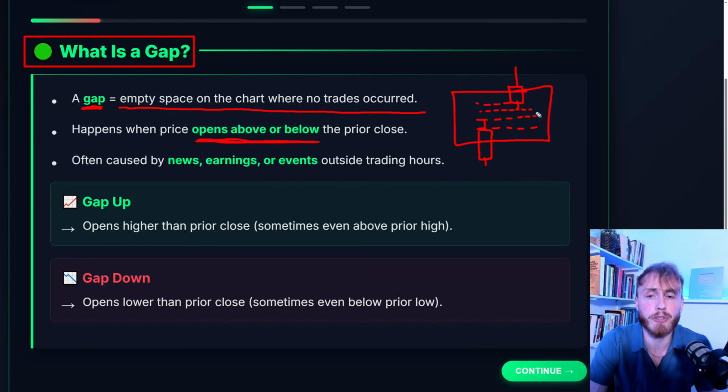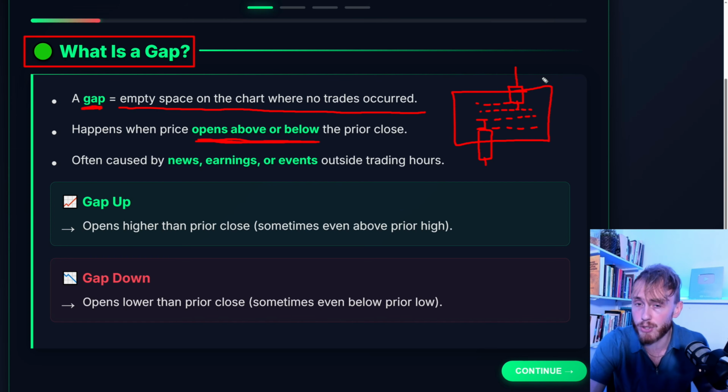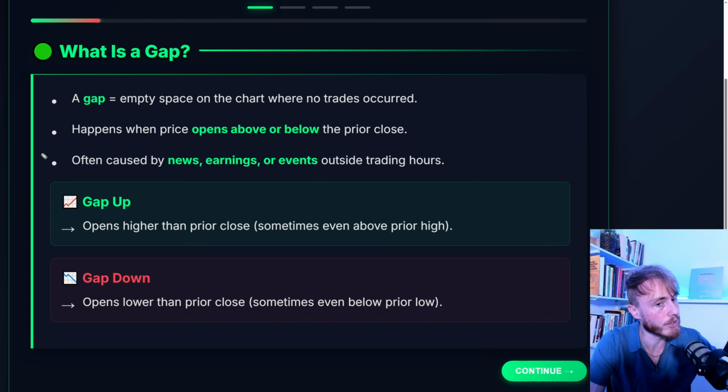And as a rule of thumb, you can use both these methods, but I think the most important part is that you as a trader need to decide if you're going to use wicks or if you are going to use candles. I think that using wicks to find the best gaps is usually the way to go. So you want to see a space between the wicks here. But as I said, some traders consider it a valid gap as long as the candles are gapping.